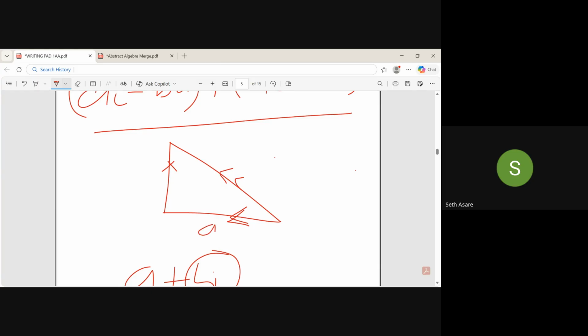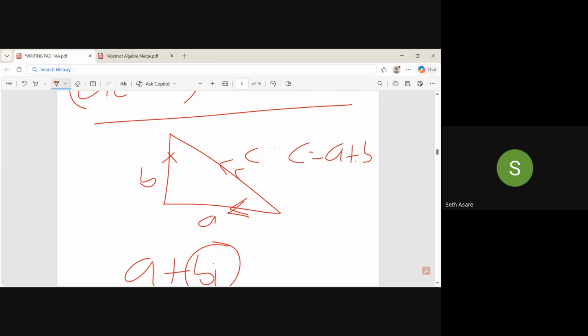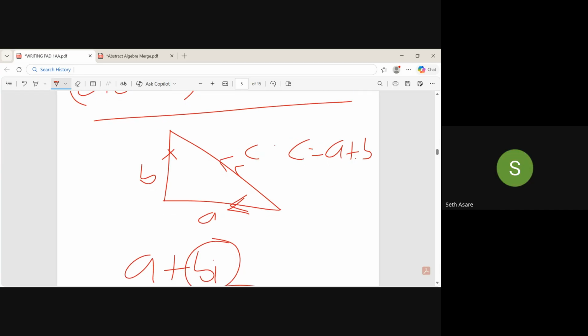If here is A, here is B, here will be C. Then we know that C will be equal to A plus B. Right? So if it is the vector approach, positive vector, C is the resultant vector.